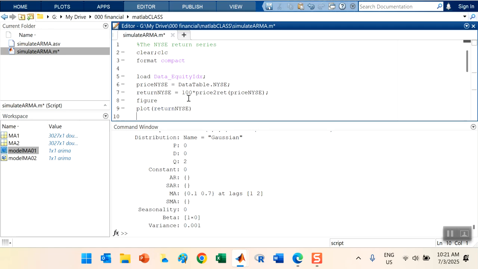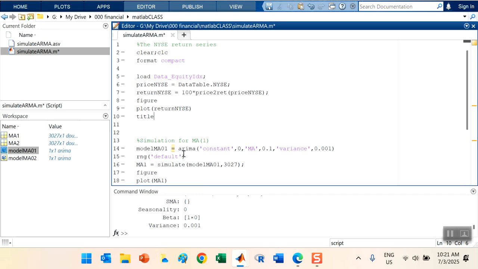Then we can do a comparison. So this is the title. Let's say we move down to the title. Okay, now we can compare the simulated MA1, MA2 to the actual NYSE return.